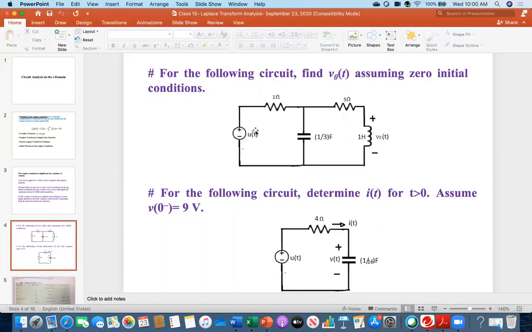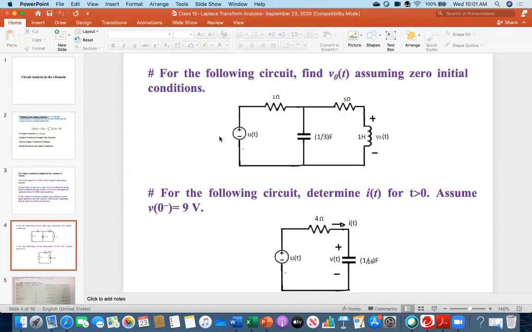And then for this source also, we have to convert into the Laplace domain. What is its Laplace equivalent? What is the meaning of u(t)? Once you can express this in terms of Laplace, at least you know from signals and systems courses that Laplace means it will be in terms of S.